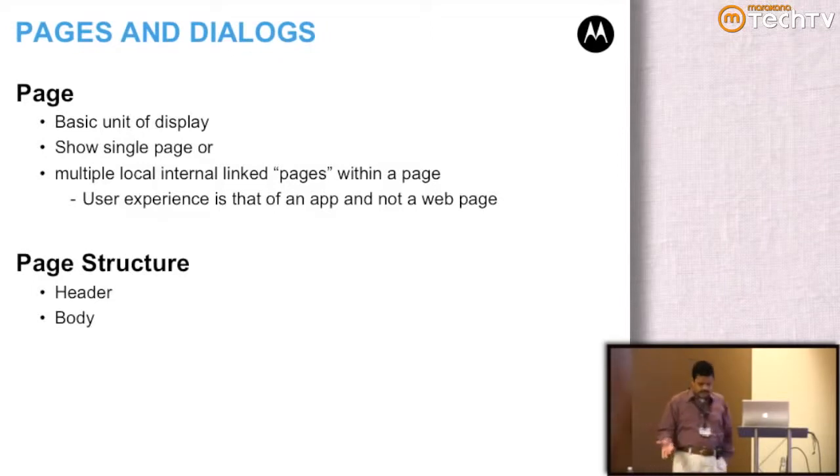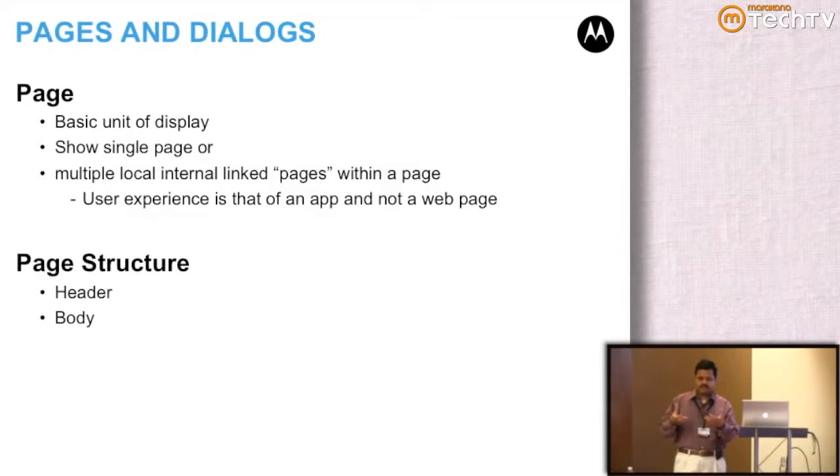What jQuery allows you to do is to show a single page as is, or if you have multiple pages, it lets you treat all of those pages as a single page. So that when you transition from one page to the other page, it does not feel like you are browsing a website.